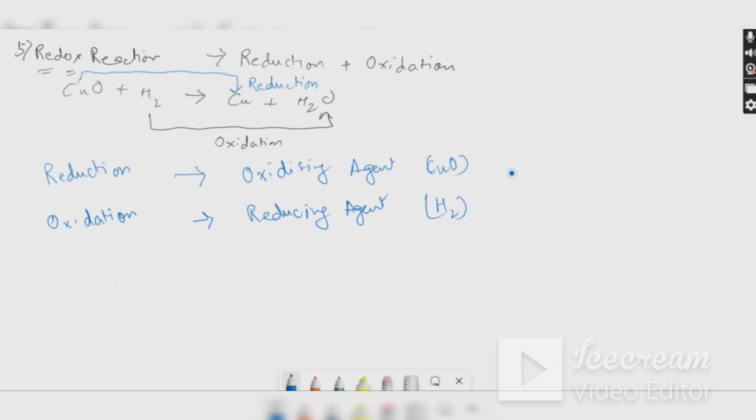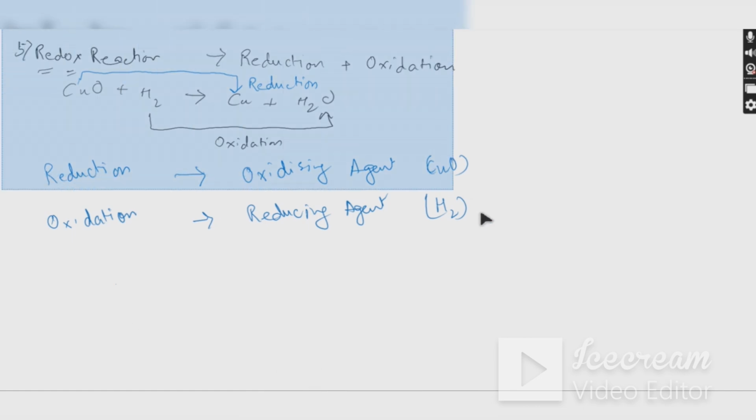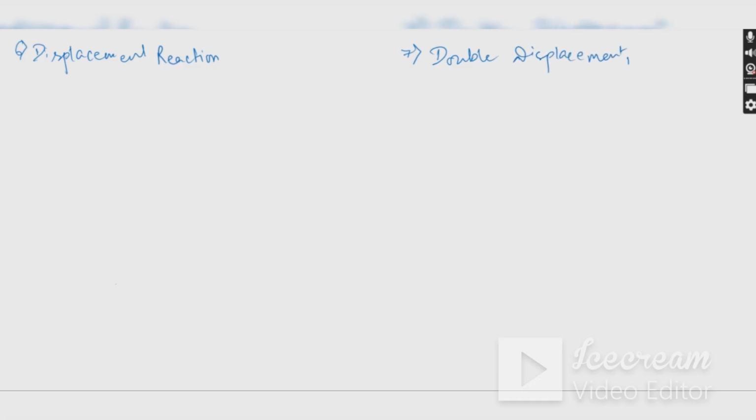Next we have two kinds of reaction. One is displacement reaction and the other is double displacement reaction. So the sixth kind of reaction that we have is displacement reaction and double displacement reaction. So what is happening in displacement reaction?